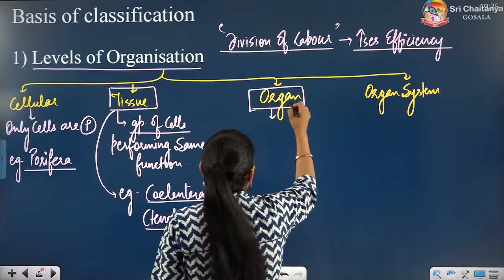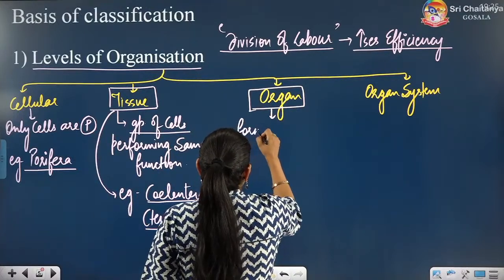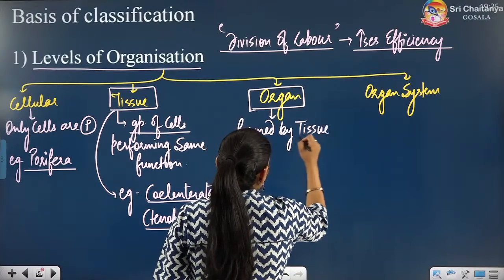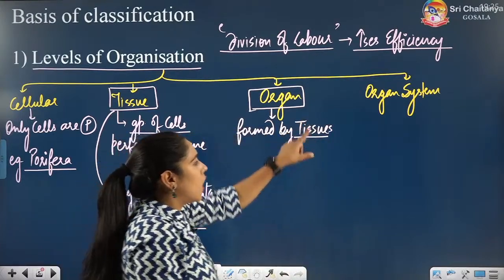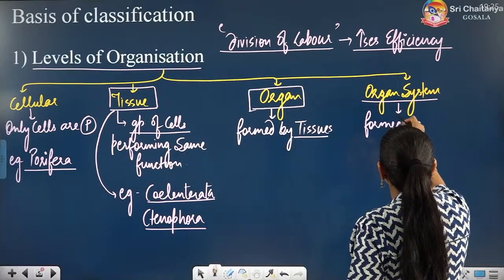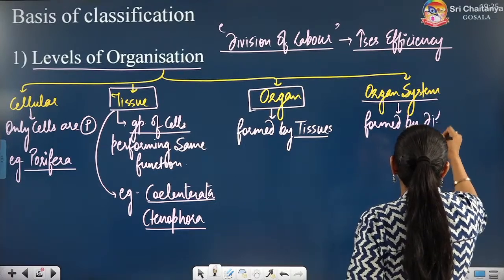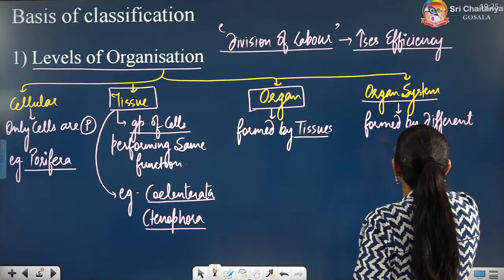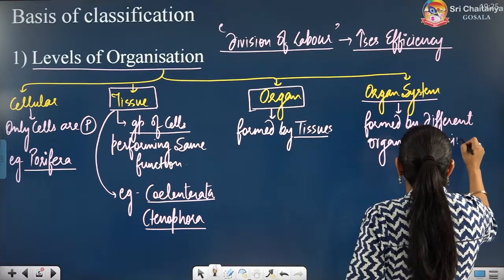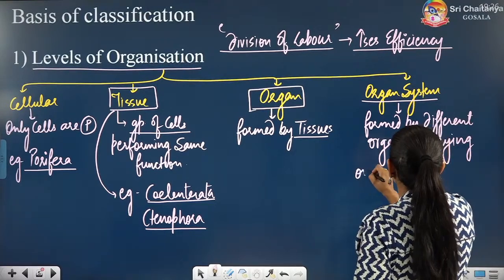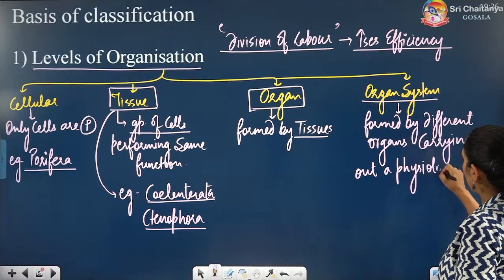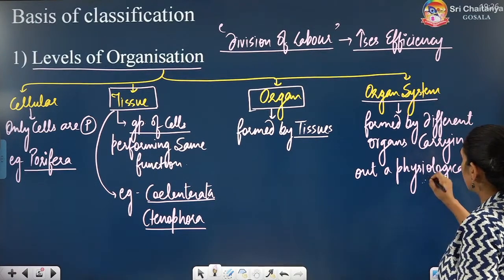One organ is formed by tissues, everyone, and the organ system will be formed by different organs, and all these organs are carrying out a physiological function, everyone.